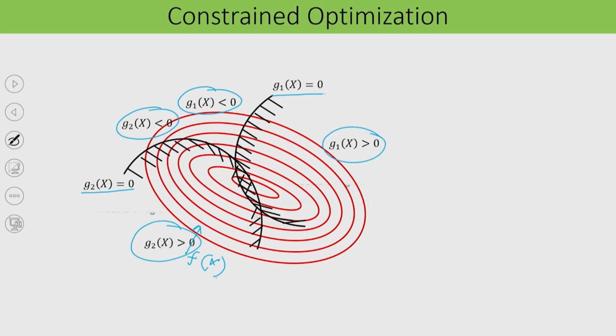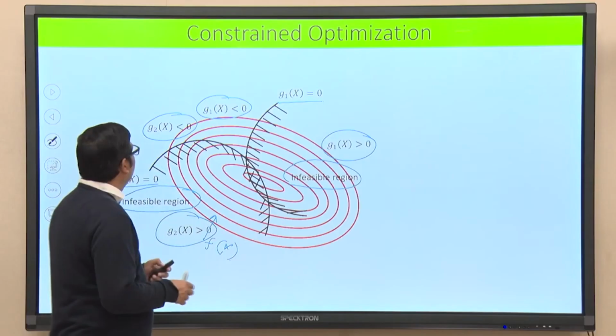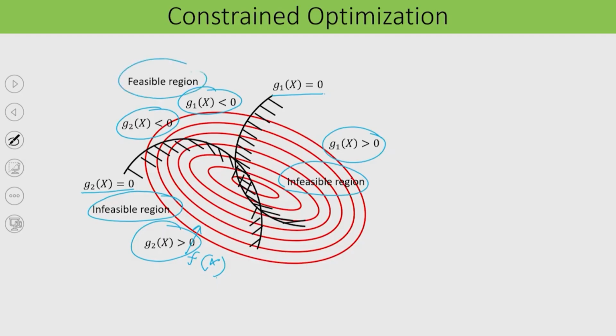This is the infeasible region, that means any solution in this region will be infeasible, because it will not satisfy the constraint. However, if a solution is somewhere on this side or this side, that is a feasible solution. So this is a feasible region and this is also a feasible region.